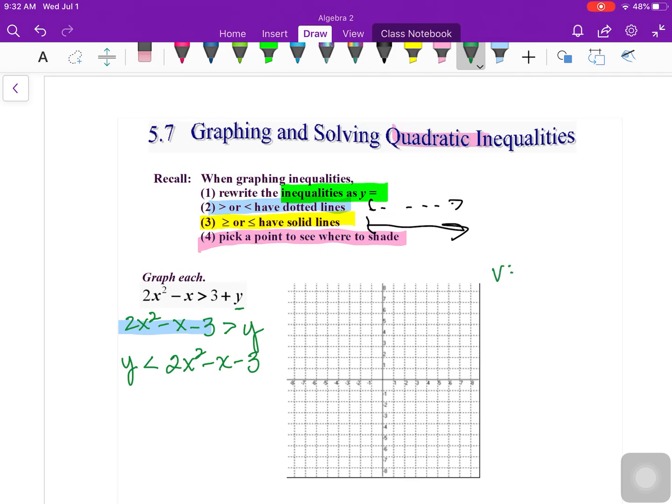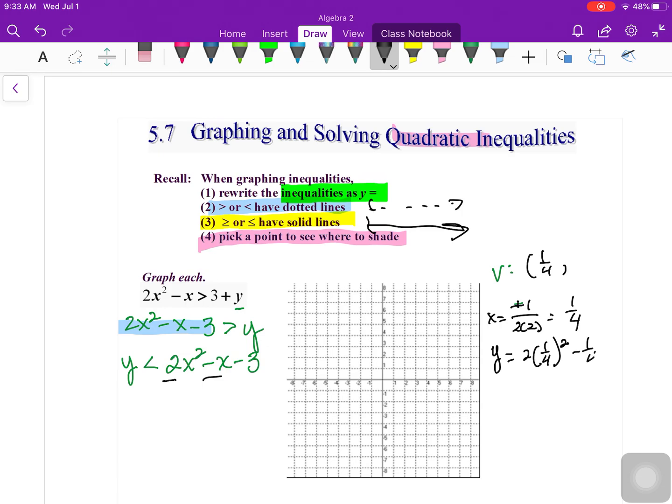Now, graphing this inequality in standard form, the vertex will be the x value, the opposite of b. So the opposite of a negative 1 is a positive 1 over 2a, so 2 times 2. That gives me 1/4 for the x value.